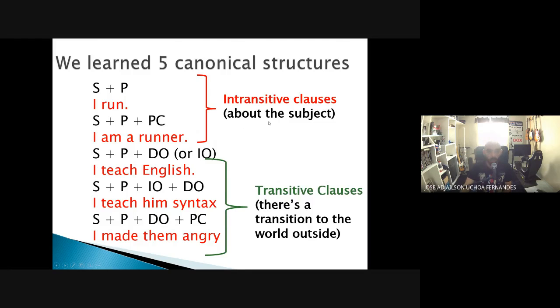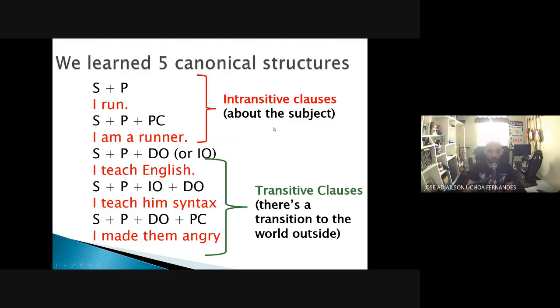The intransitive ones are about the subject, whereas in the transitive clauses, there is a transition to the world outside. There's an object, isn't there? Direct or indirect. Sometimes direct and indirect. That's why we call it transitive.